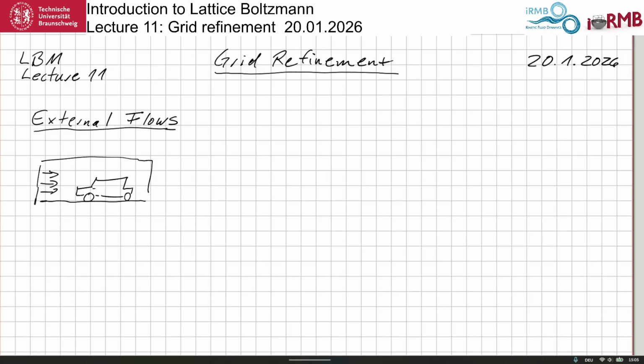And what you may observe is, there's a boundary layer around this, and then there may be a wake. The wake has a lot of structure, but there's also the question whether the wake actually is of importance.